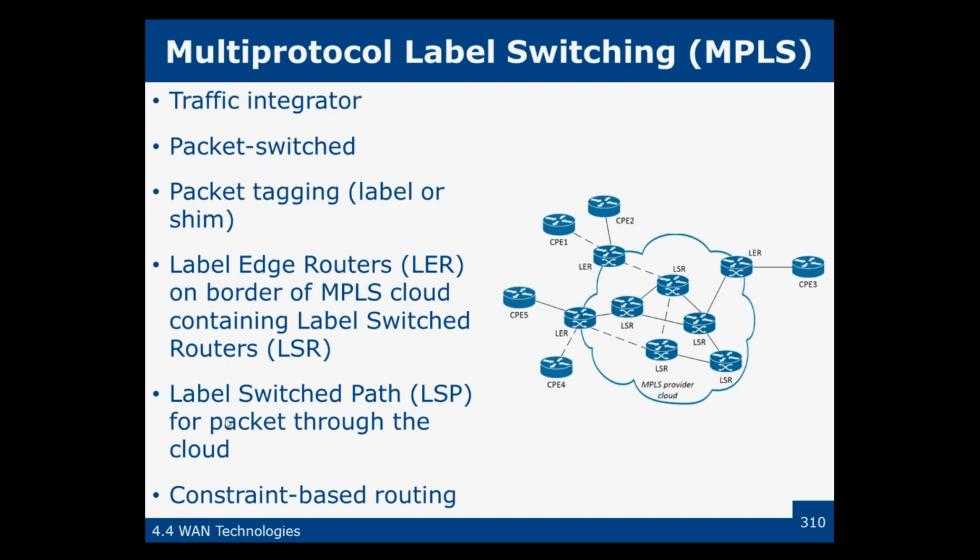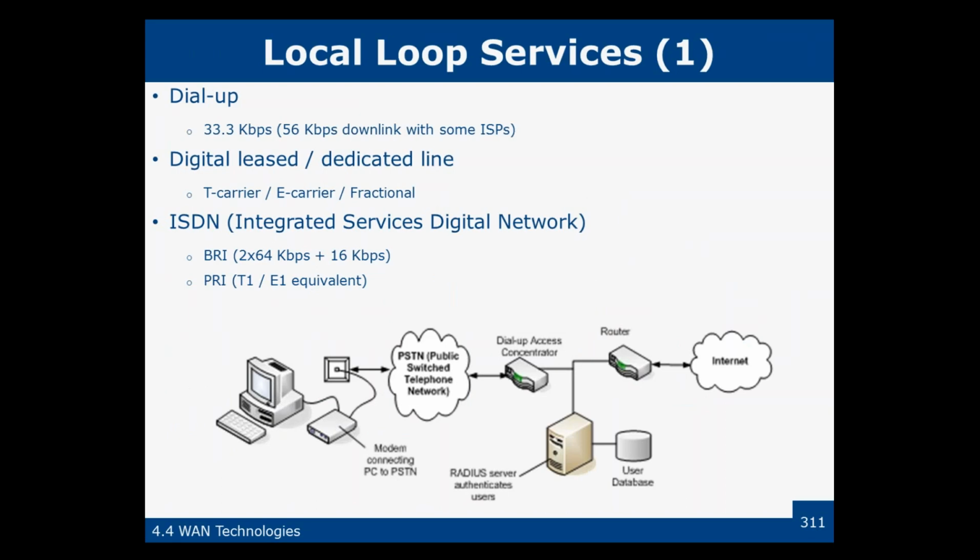So the label switch path for the packet through the cloud: I know these are lots and lots of terms, but the label edge routers put the label on it, and then the label switch path through the label switched routers gets selected so that it gets from one to the other based on whatever the best path is that it can go through the system.